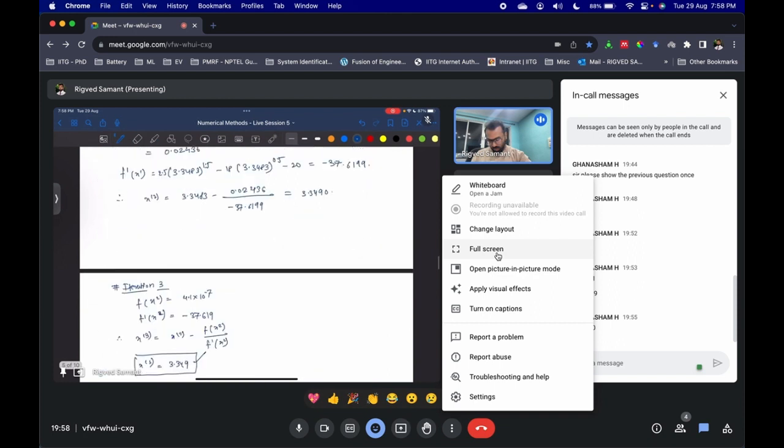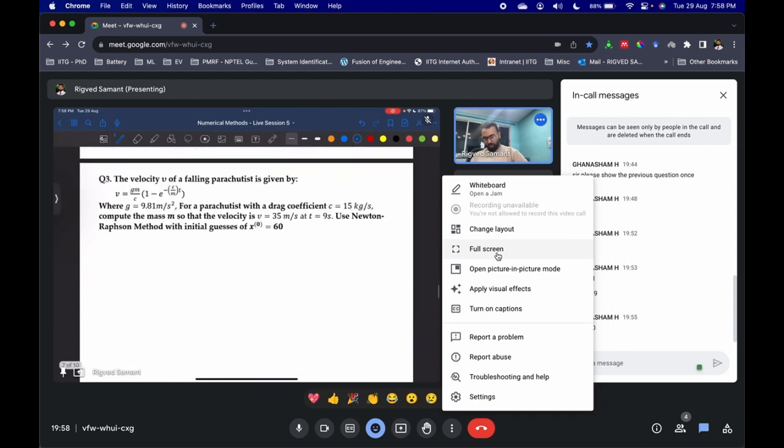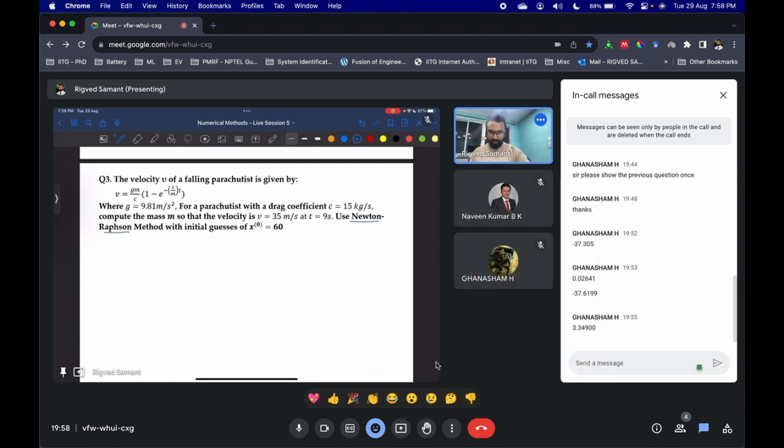So the next question is this question we saw, I guess, using the regula falsi method, which we solved in the last class. Now in this class we are solving it using the Newton-Raphson method.